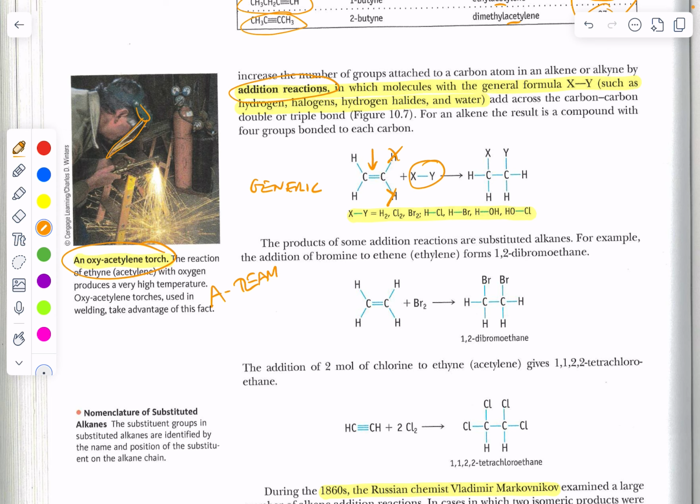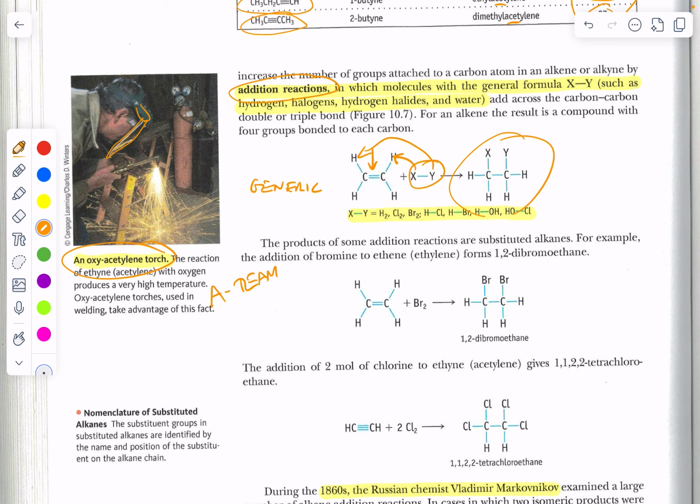That doesn't happen. That does not seem to be what is most stable and likely. Instead, this X will take that hydrogen's place and this Y will take that hydrogen's place, or vice versa. And you're going to get the X and the Y on different carbons.